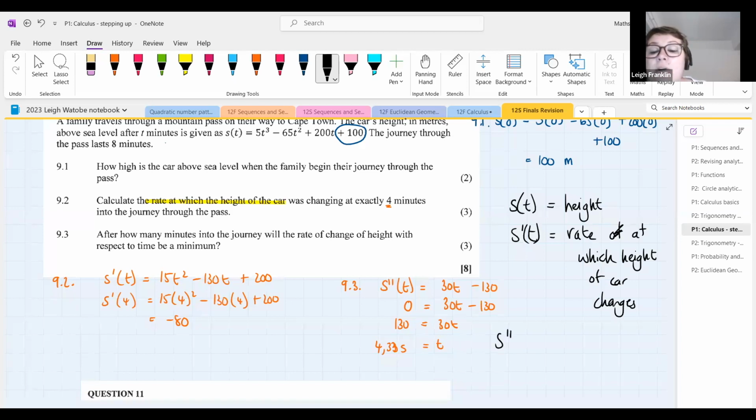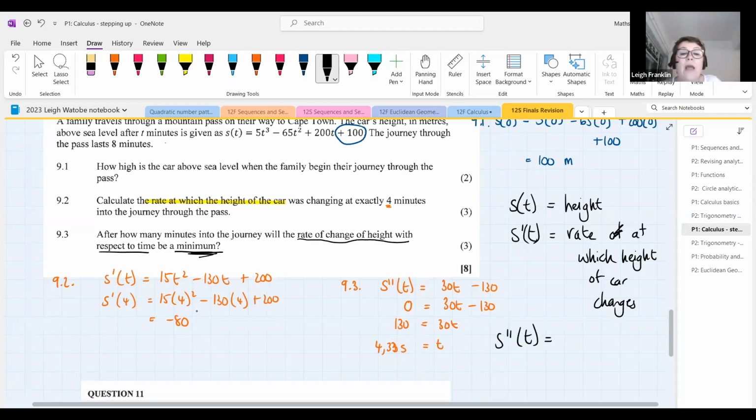And then our second derivative, they are asking us how many minutes into the journey will the rate of change of height with respect to time be a minimum? Okay, so now we are trying to minimize the rate of change. So that's why it has to be the second derivative. We're trying to minimize the rate of change.